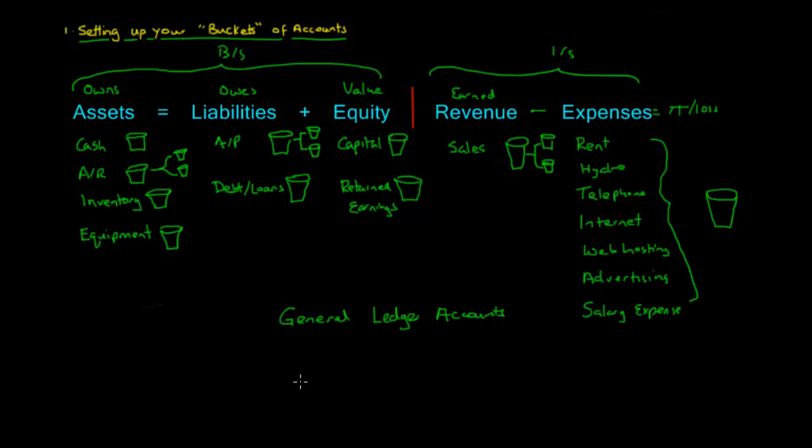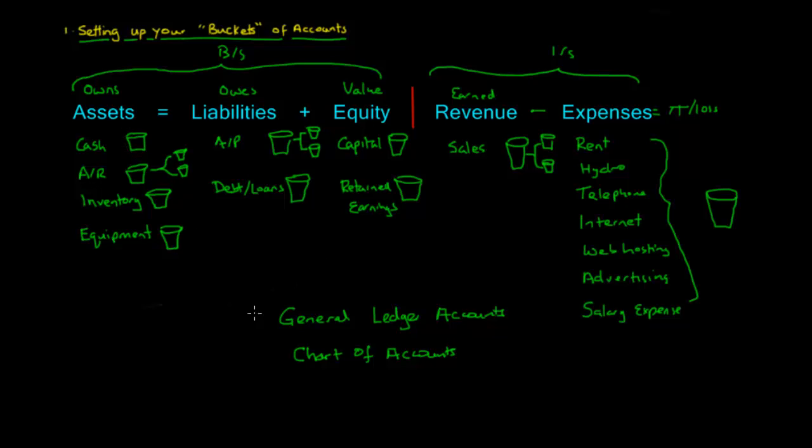And usually whenever you set up, if you're using an accounting package such as ACPAC or QuickBooks or Simply Accounting, you'll notice that the first thing it asks you to do when you set up a new company is to create these various accounts or buckets under each of these categories for assets, liabilities, equity, etc. And it does that so that it is able to keep track of what these various amounts are within the system. So initially, when you create this list, it is known as a chart of accounts. So that's just some accounting talk for basically these buckets.